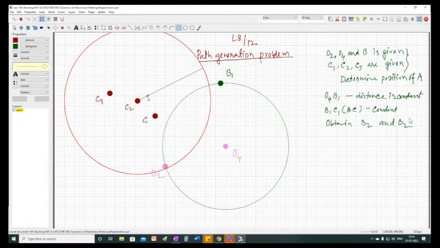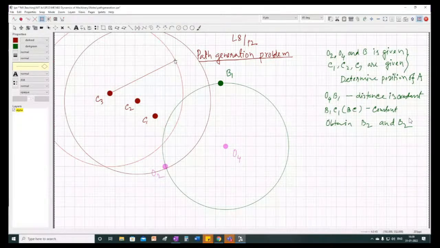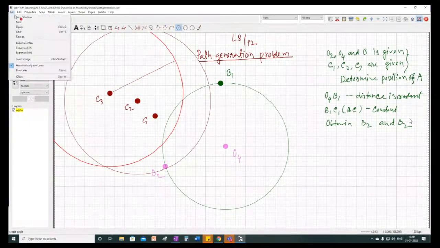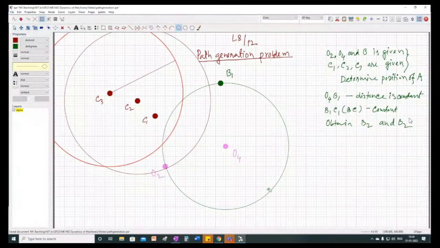Now to find out point C3's B, I now have to draw another circle making this C3 point the center. To do that, I am drawing another circle. Okay. So now we have drawn the circle.